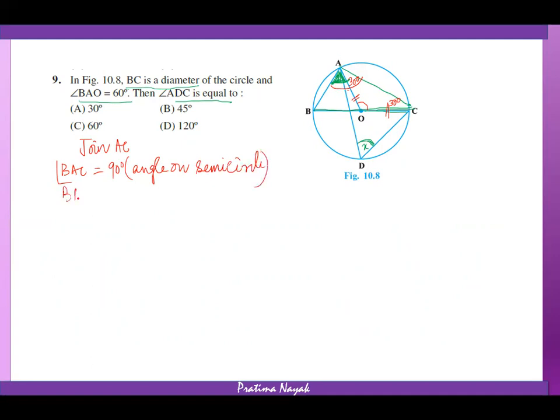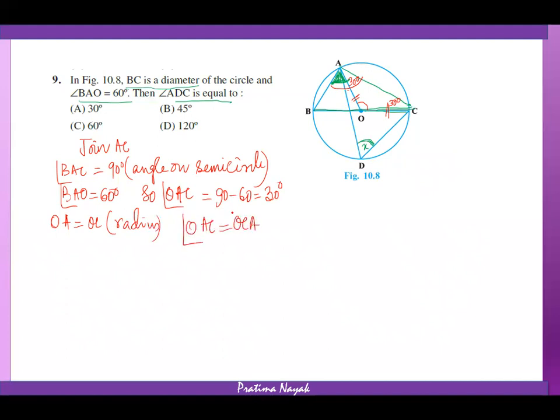Now BAO is equal to 60 degrees, so OAC is equal to 90 minus 60, that will be 30 degrees. OA is equal to OC because both are radii. So angle OAC is equal to angle OCA, both are 30.